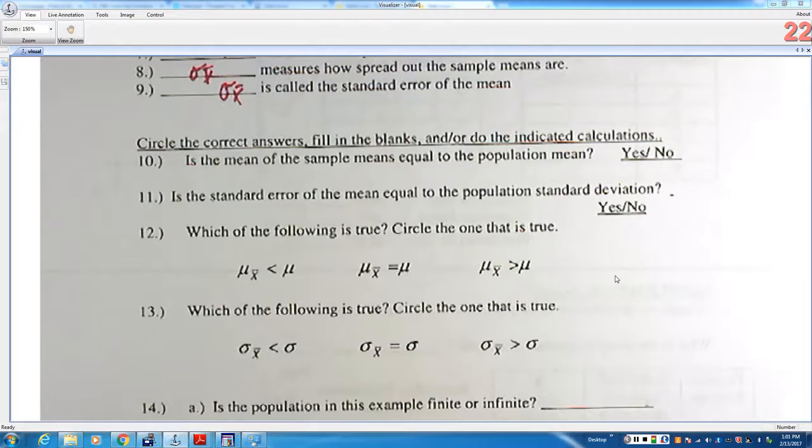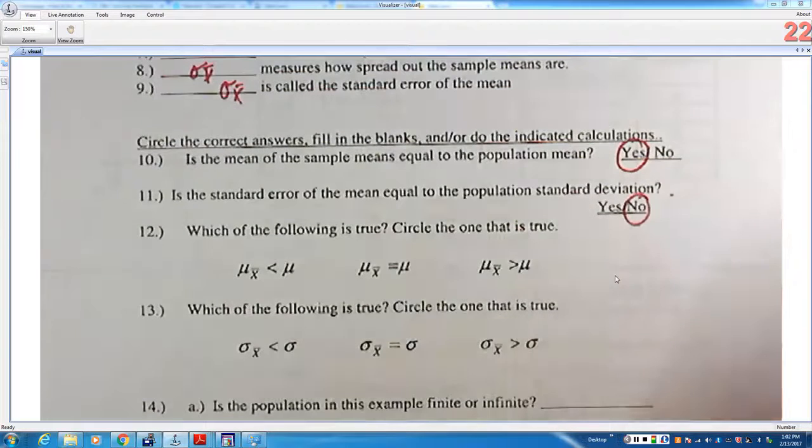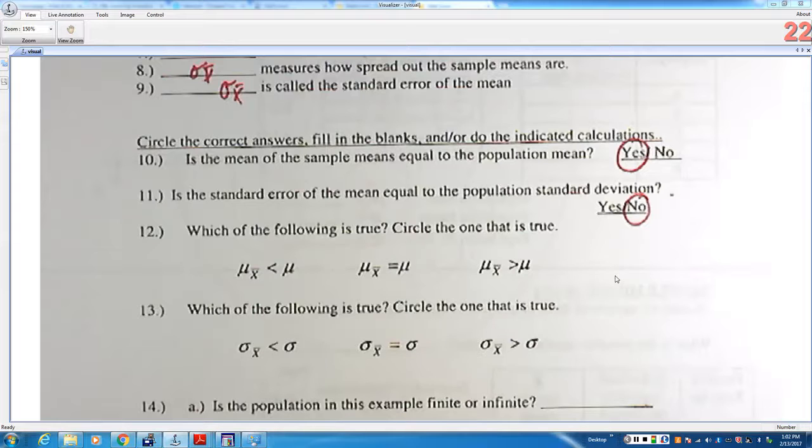Yes, that is correct. Is the standard error of the mean equal to the population standard deviation? No, it's not. So we're going to calculate it. This one is a little bit different from what you're going to do. I'm going to show you another one closer to what you're doing, but this one is for finite numbers, so we have to calculate a little differently.